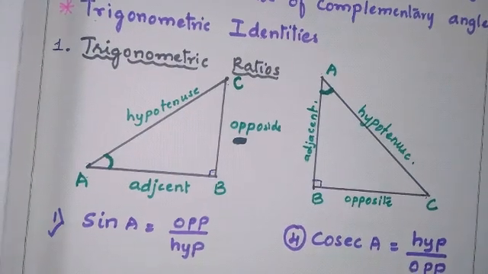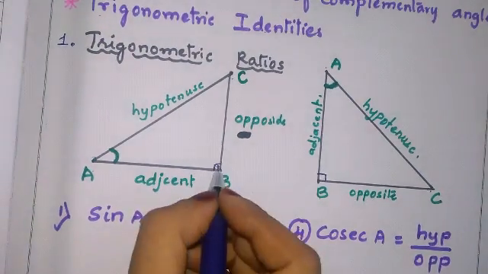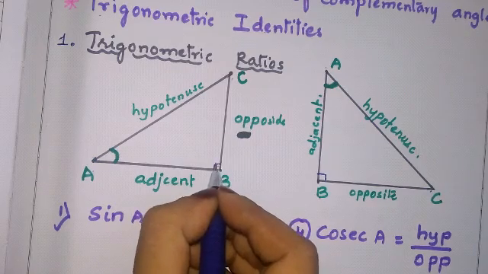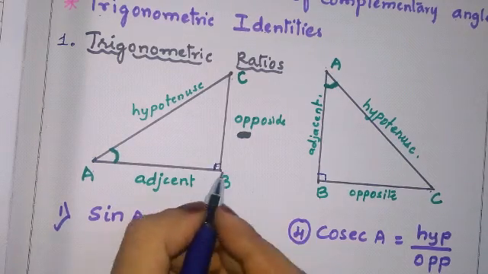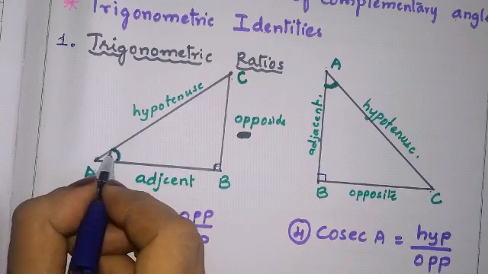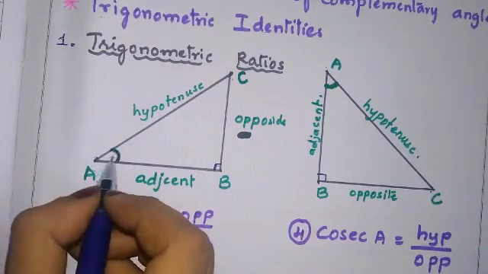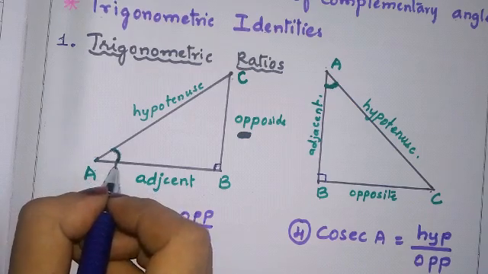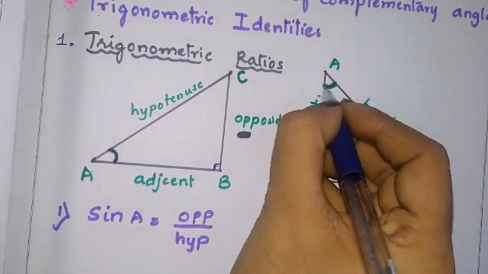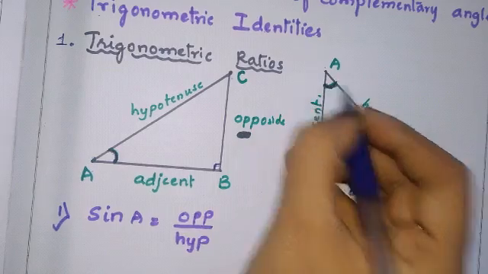Now the very important thing we should know is the angle A, and this is one more angle B, which is very important in this. Here we can see angle A is above, right?